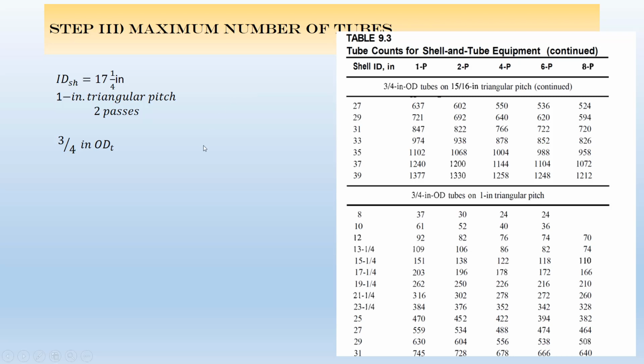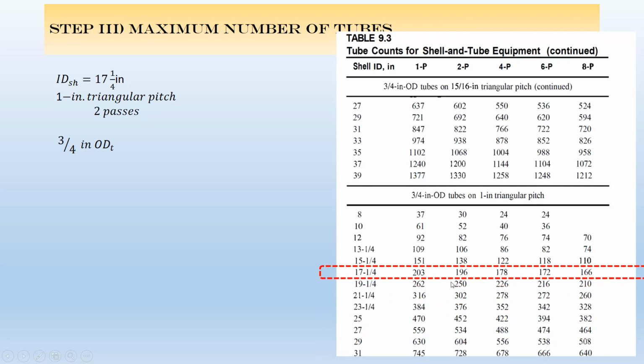So we have this 17 1/4 inches ID, and then we know that this is a 1 inch triangular pitch, 3/4 OD, and then we know that there are 2 passes, correct?